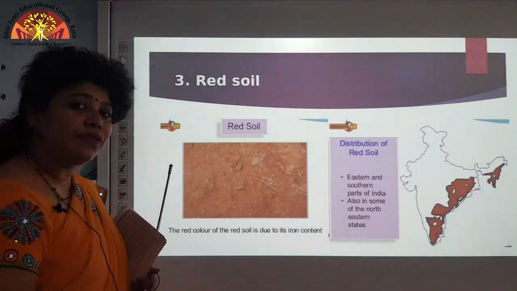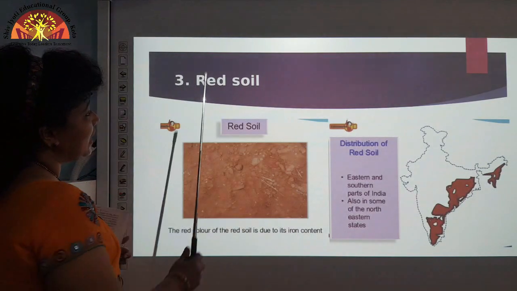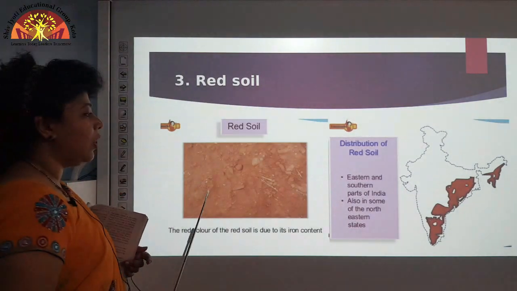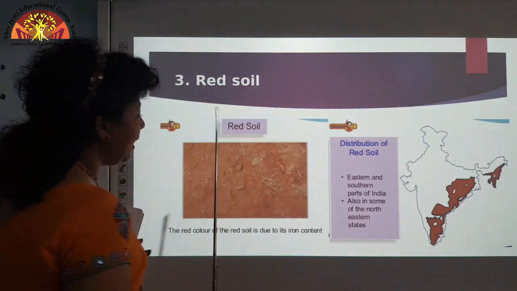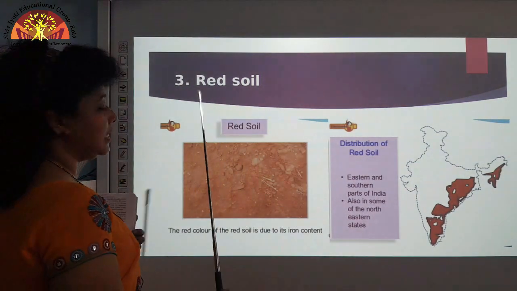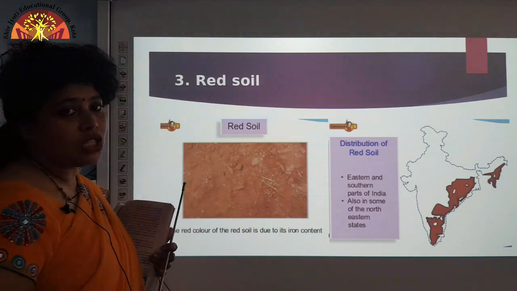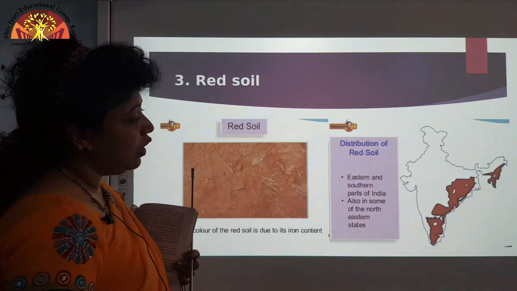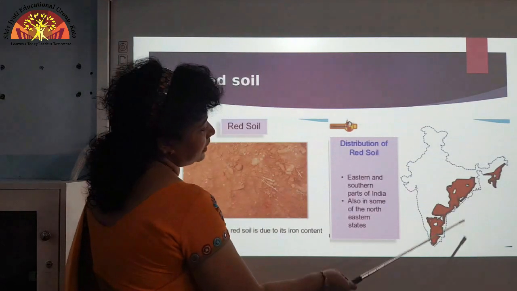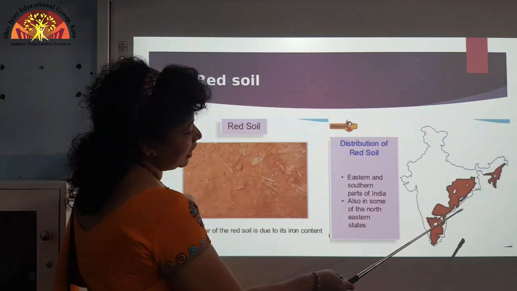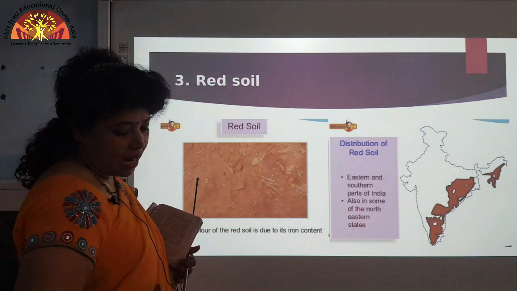Our next type of soil is red soil. As the name suggests, red soil is red in color. And why is it red in color? It is red because of the presence of iron content in the soil. And where is red soil found? Red soil is found in northeastern states, in the eastern part of our country and the southern part of our country.